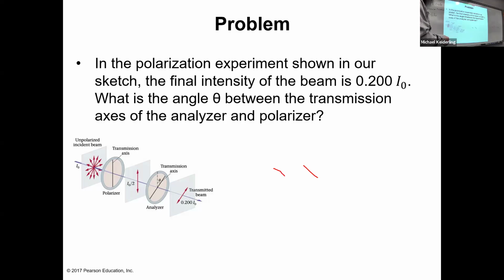So remember, the first polarizer is going to cut the intensity in half. And then the second polarizer will take that input and multiply it by the cosine of the angle squared.